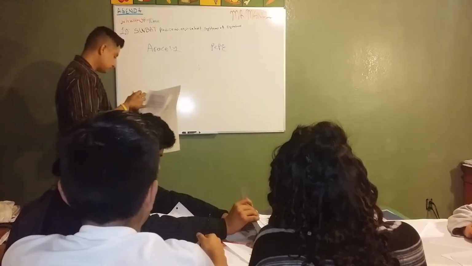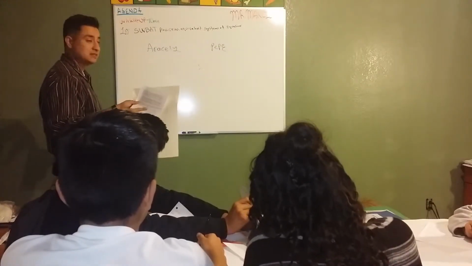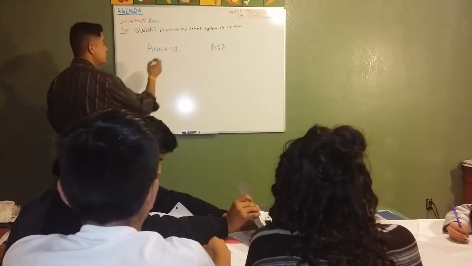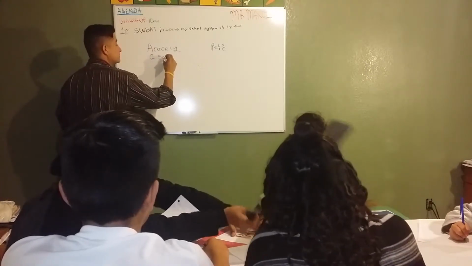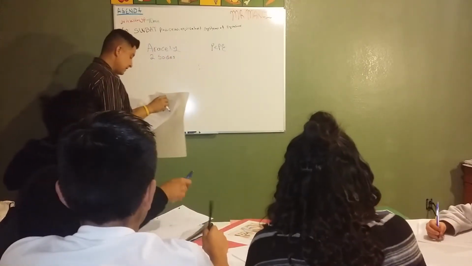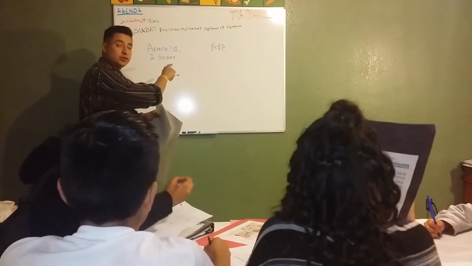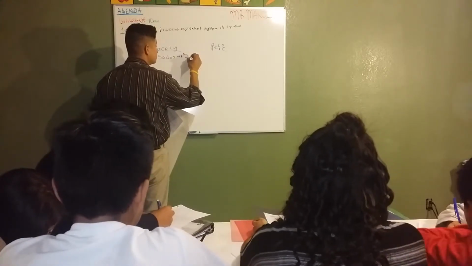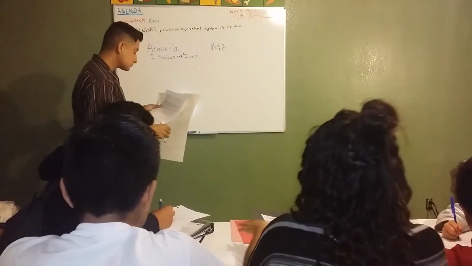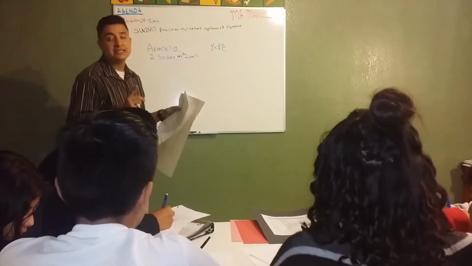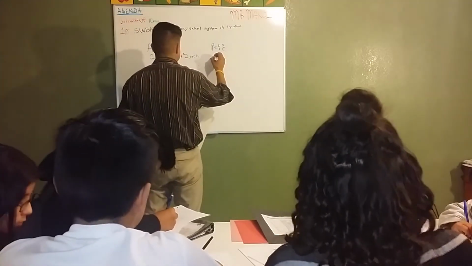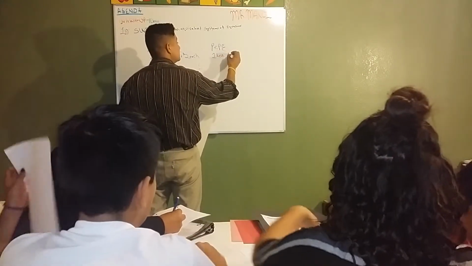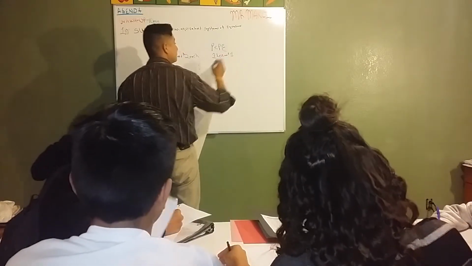Araceli purchased 2 sodas, and each soda is $2. Pepe gets 1 tea, and the price of the tea is $1.